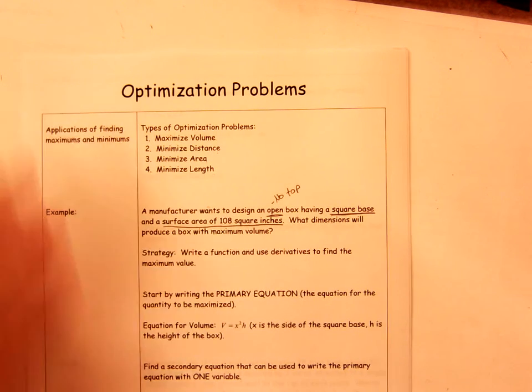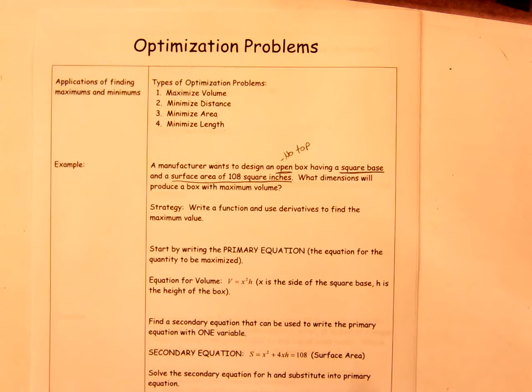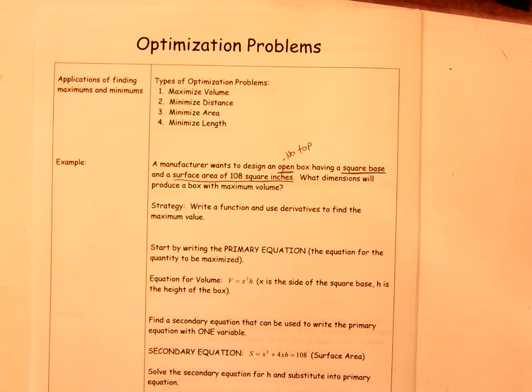Okay, so we're going to start by writing the primary equation. This is the equation that they're talking about maximizing or minimizing. They've talked about surface area, they've talked about volume. Which one is the one they want to maximize or minimize? Volume. So volume is our primary equation.